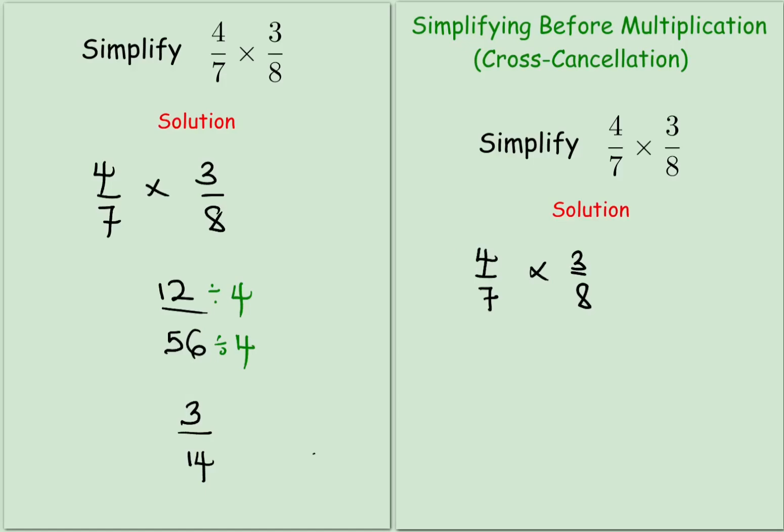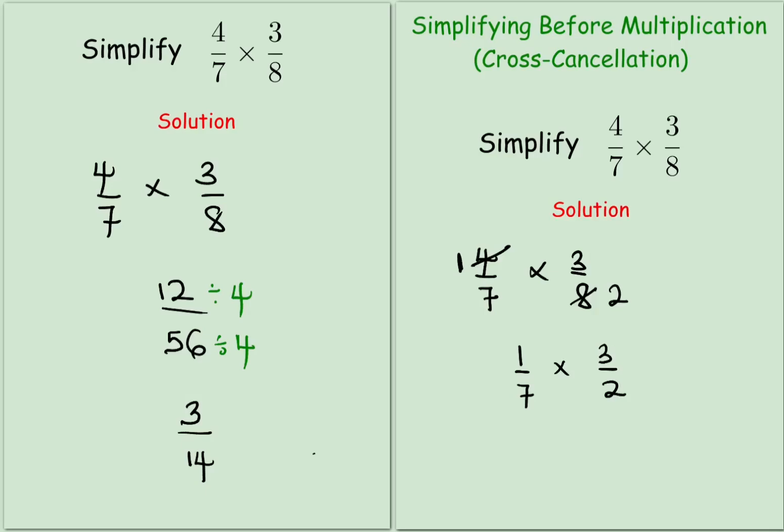As you can see, vertically is already simplified. So let's try diagonally. 4 divides itself once, and it divides 8 twice. So at the end of it, we have 1 over 7 times 3 over 2. We have simplified this question to this form now.